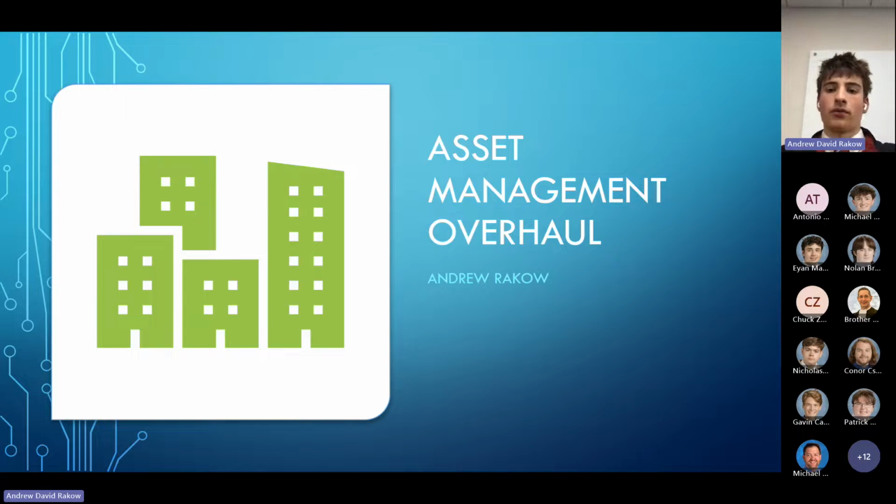So, asset management overview. The first thing is, what is asset management in information technology? Asset management refers to keeping an active inventory of devices within an organization. This is vital for IT environments of all sizes due to the vast benefits that come with an accurate and updated inventory of devices.